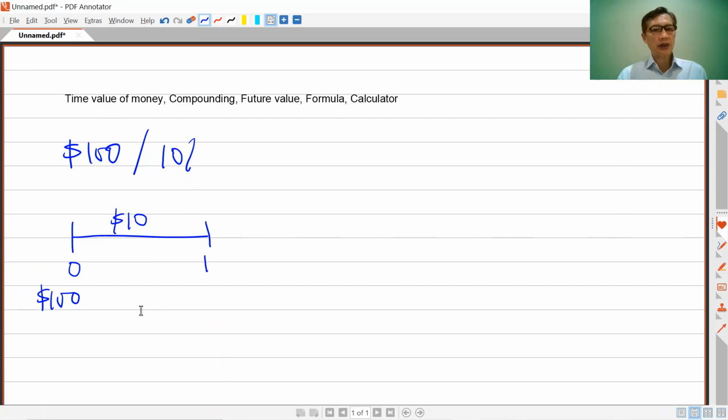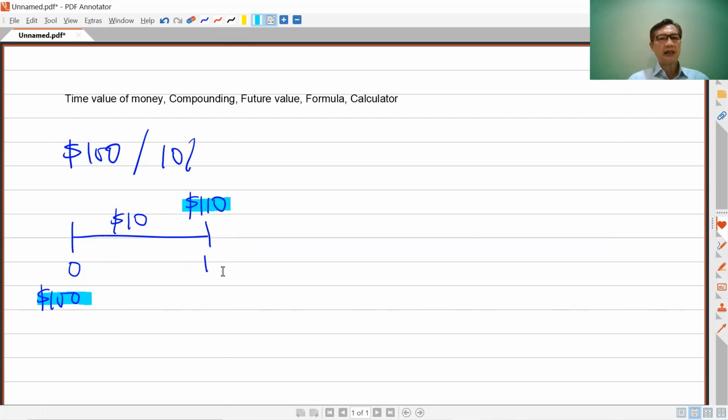So let's say that you want to take out your money at the end of the 1 year. The bank should be giving back the $100 plus the $10 interest that you earned. So the bank should give you back $110. That would mean that if the interest is 10%, this $100 will be the same as $110 in year 1.